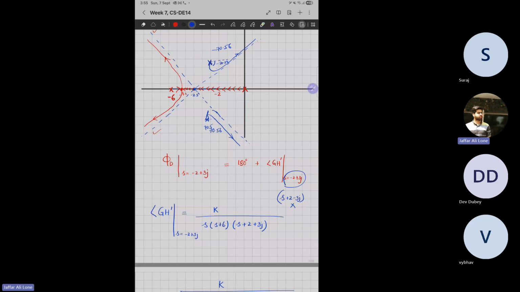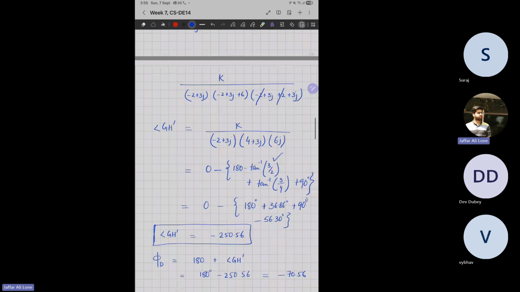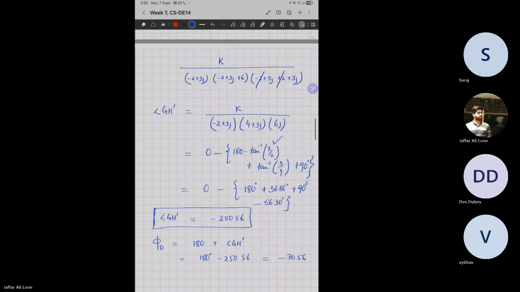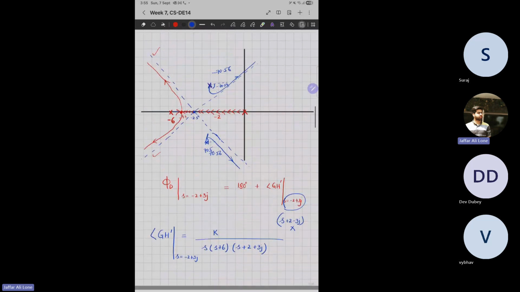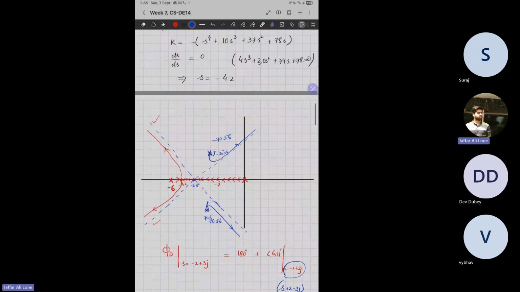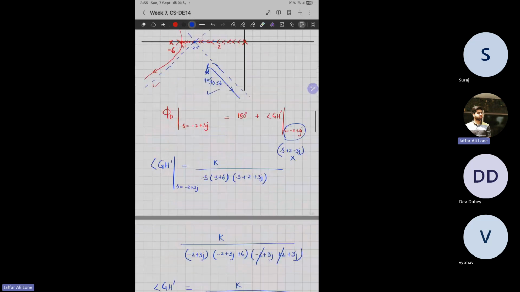We put in the value minus 2 plus 3j, found the angle, and got the angle of departure. Since the root locus is symmetric about the real axis, if this is minus 70.56, then this is plus 70.56, and this is how it goes to infinity. I hope this is clear. If there is any question you can ask at this point, or we will just move on.